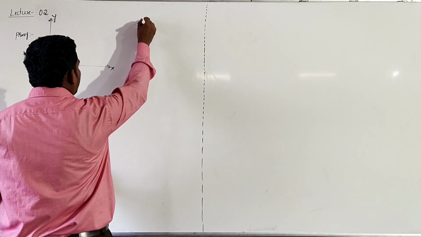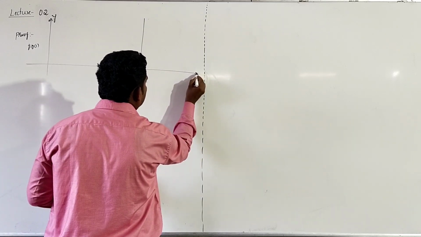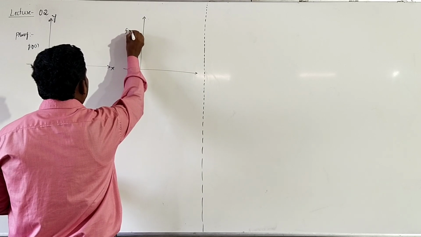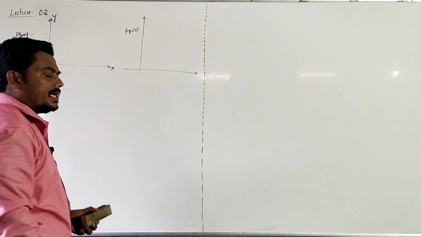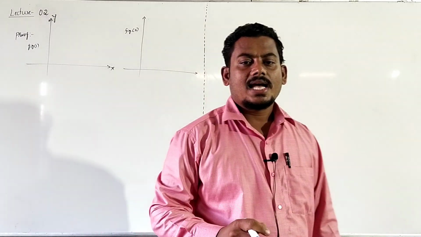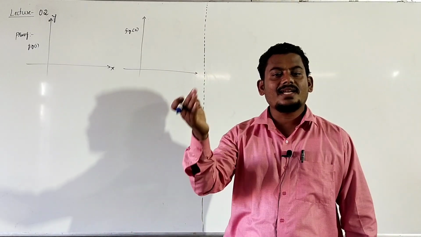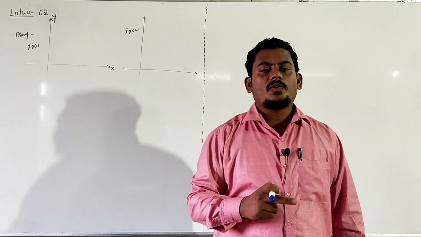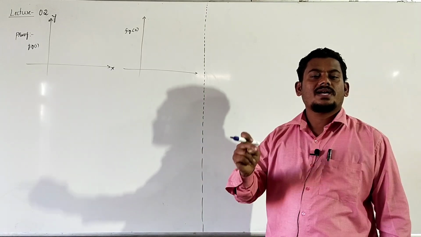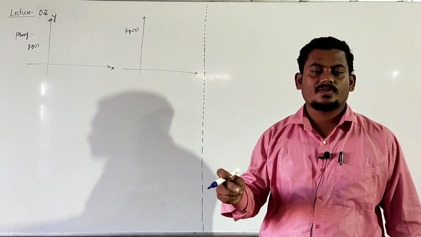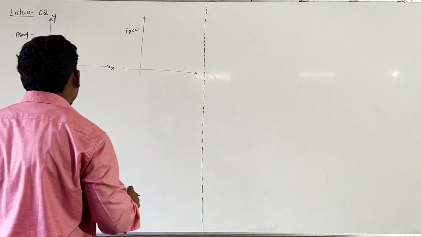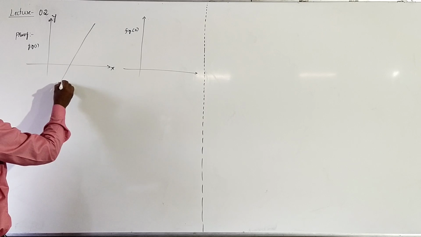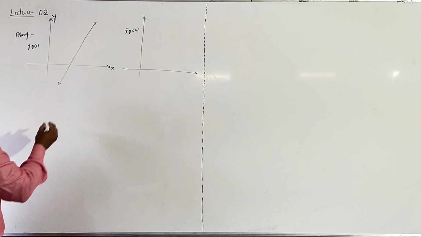So take this as figure number 1, and I will draw one more figure. This is figure 2. In both cases we get the same formula, whether the inclination is more than 90 or less than 90: the slope of the line joining 2 points is y2 minus y1 divided by x2 minus x1, right? Consider a straight line.